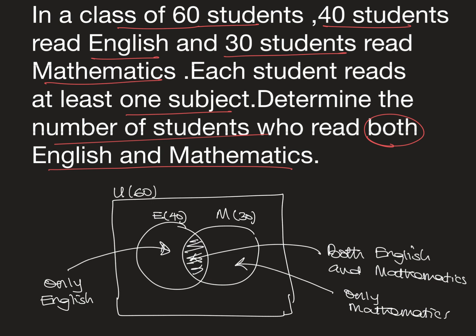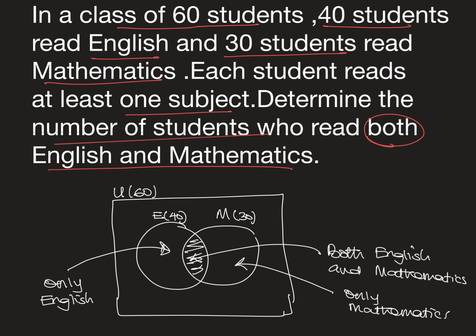If we say 40 students read English, it means that's the total number of students reading English, but that student could also be reading mathematics. It's possible, right? The same thing: if I say 30 students read mathematics, that means that is the total number of students reading mathematics, but the same student could be offering English as well.